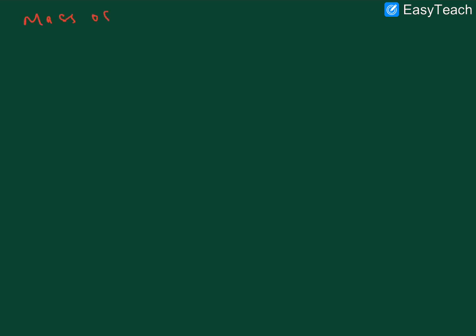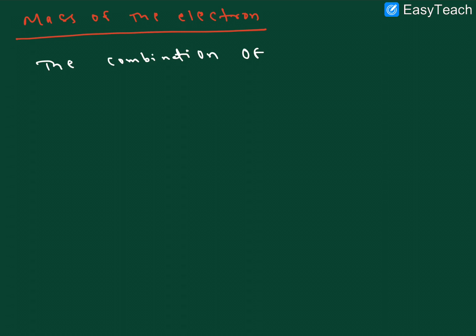Right, next one, mass of the electron. The mass of the electron is determined by combining the value of the charge of electron and the e/m ratio.